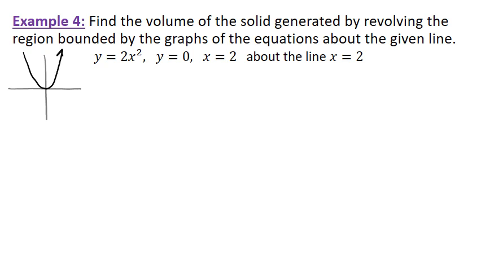Okay, so we still have the same region. Now we are going to revolve about the line x equals 2. Now x equals 2 is this line right here. So we are going to take this region and revolve it about this axis.